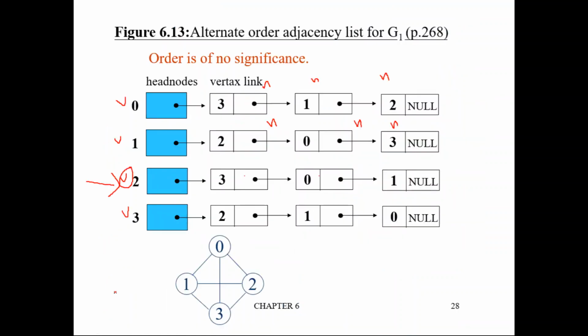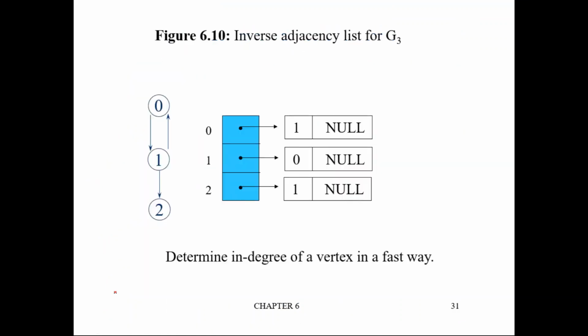So it is a little complicated. So there is another way to do that. It all depends on the application you are using. For example, in the program you are using, if you often want to find the in degree, then we can use another way of representation, which is called an inverse adjacency list.